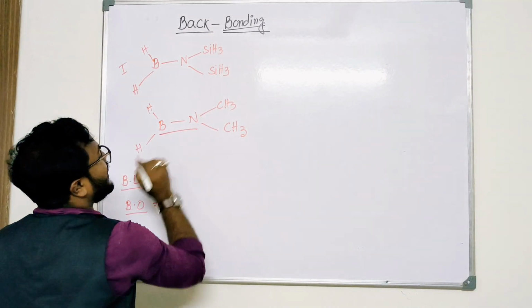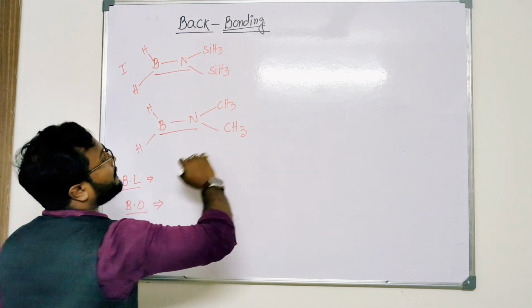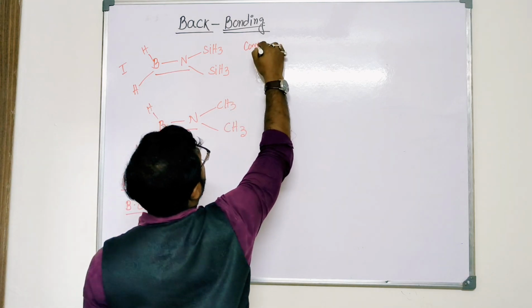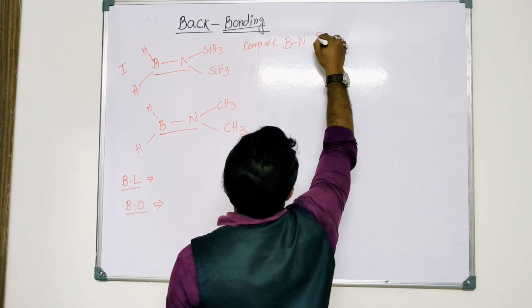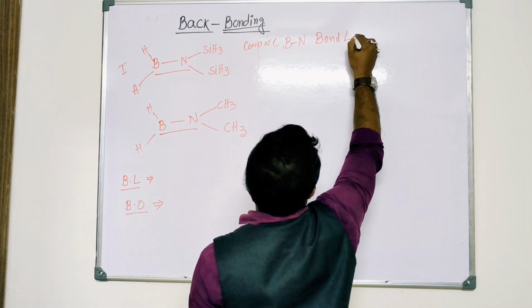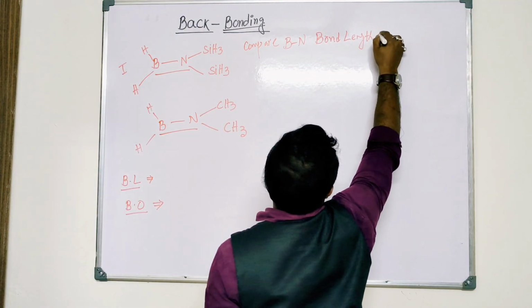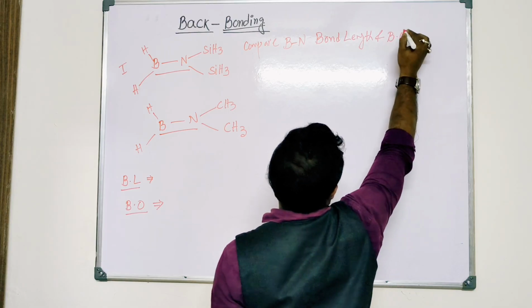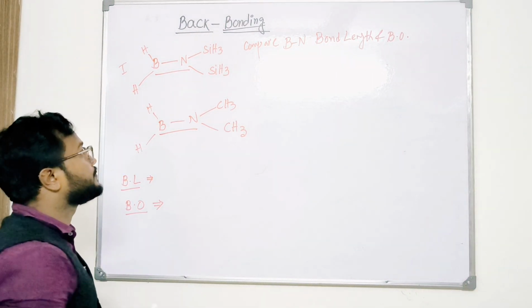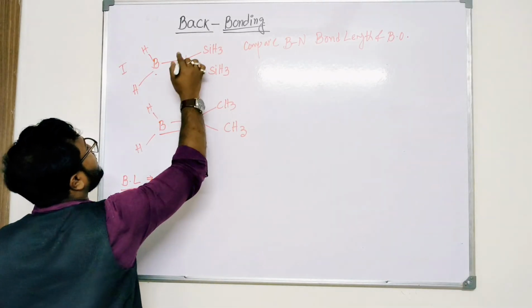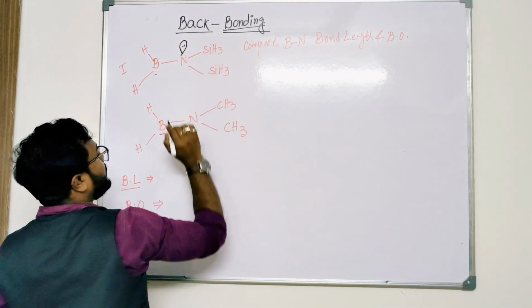We have to compare the BN bond length and bond order. How to compare? Let's check. We know that this nitrogen has a lone pair.